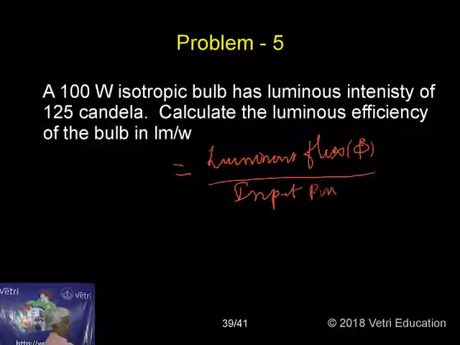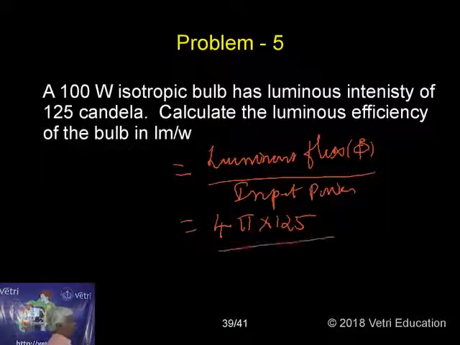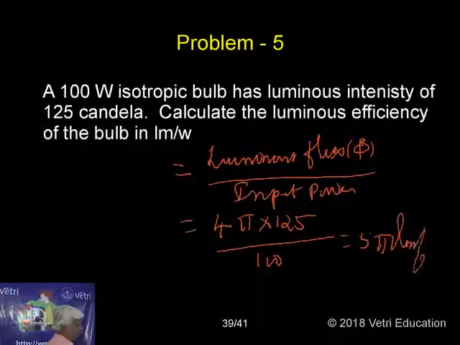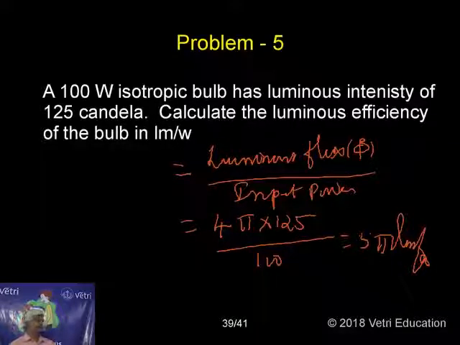Input, so that is W. So luminous flux 4 pi into the intensity 125, divided by 100 watts, which on simplification is 5 pi lumen per watt. This is a direct problem in the intensity of light: luminous flux divided by input power, therefore lumen per watt. So you have to keep in mind the definitions: luminous flux, luminous intensity.